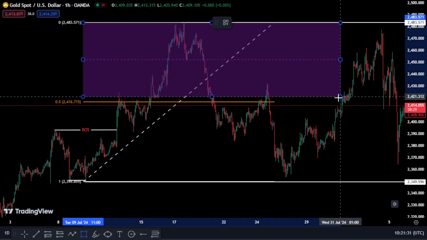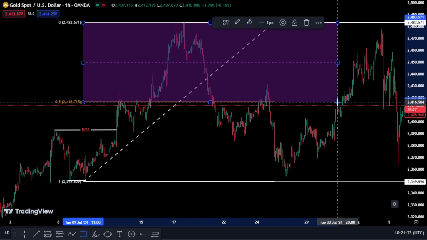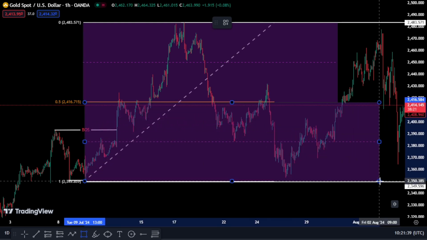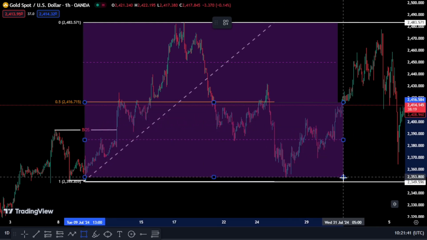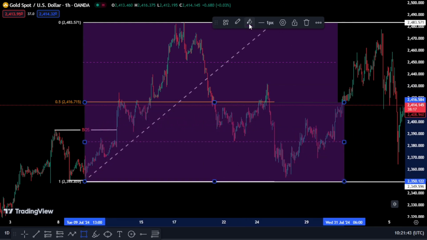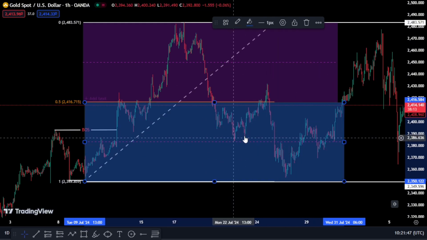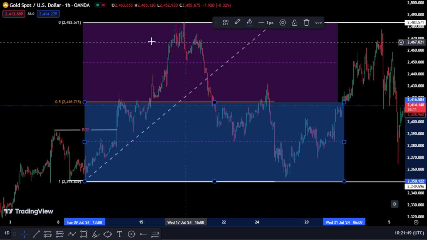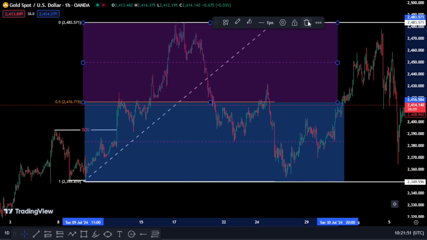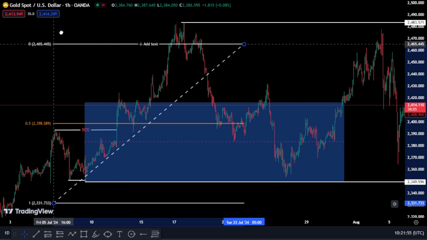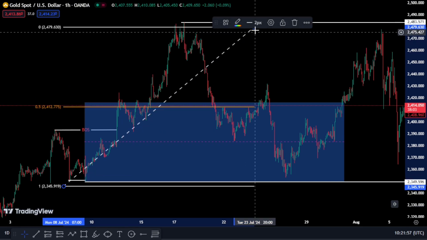Here is our premium, and here is discount. You wait for the market to come down to the discount. When the market gets to the discount, just go ahead, delete those other candles, and then pick your Fibonacci 2.